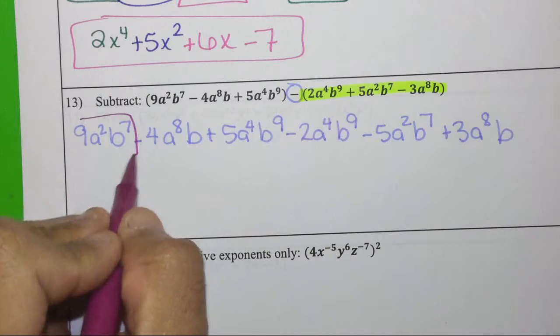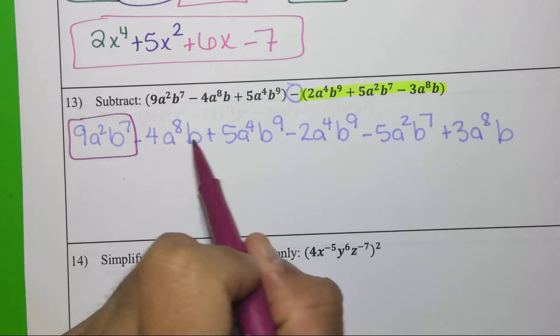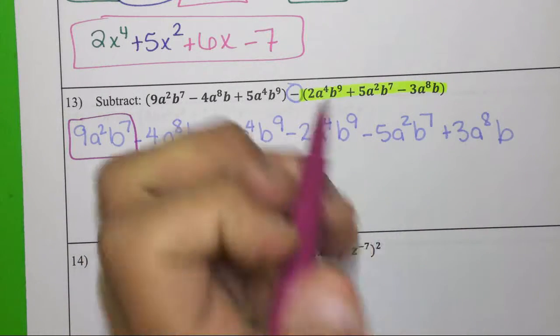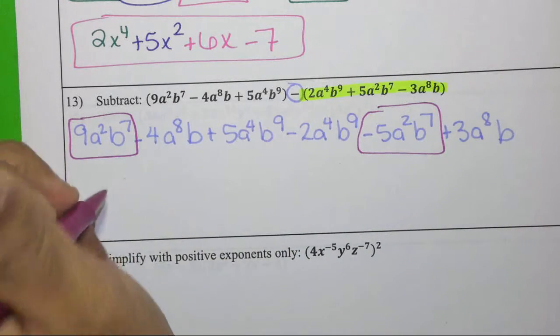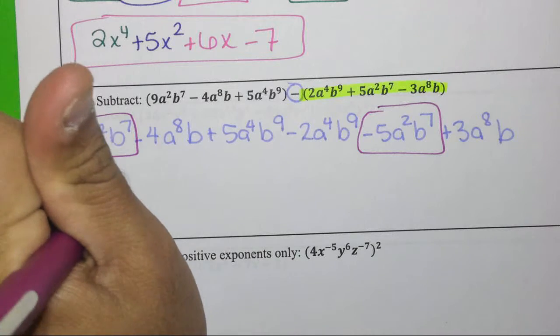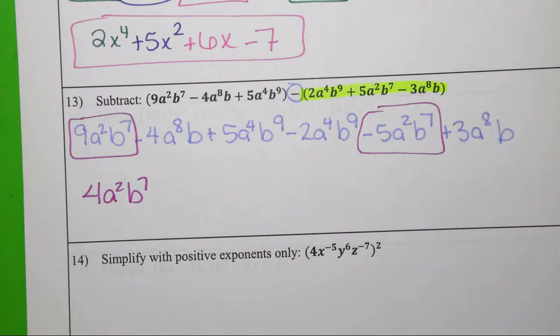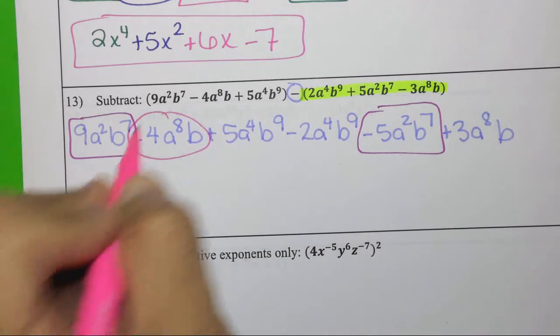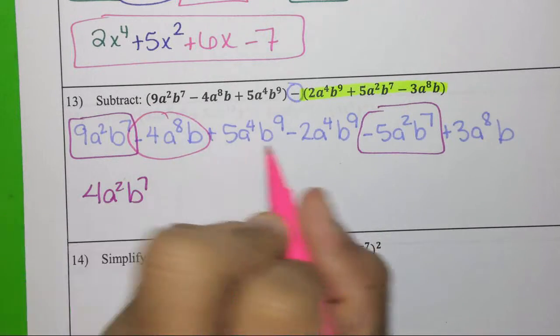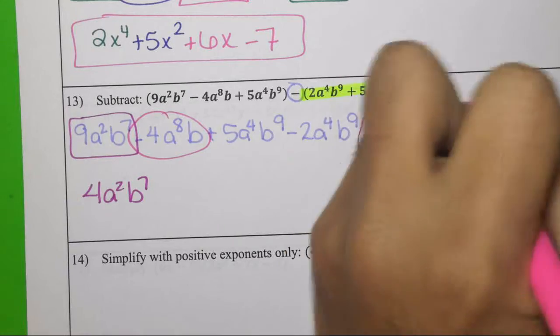So let me start off with this one. A squared b to the 7th, that is here. So I have 9 minus 5, so that's going to be a 4a squared b to the 7th. Let me do this one. A to the 8th b, that's this one here at the end.